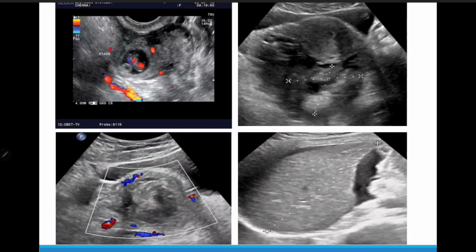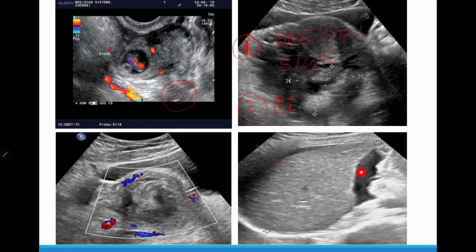In the ultrasound of ectopic pregnancy, there are two classical findings. One is the bagel sign. Remember, a bagel looks like a donut or a vada, that is the shape. In ultrasound you can see something like this. That is the bagel sign. The next one is the ring of fire.